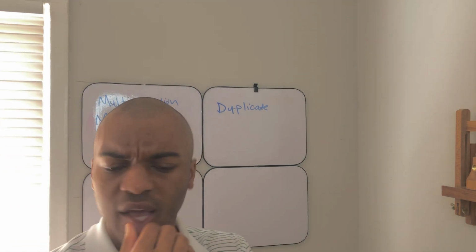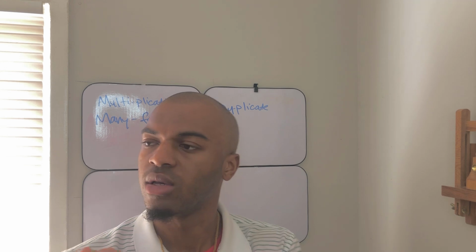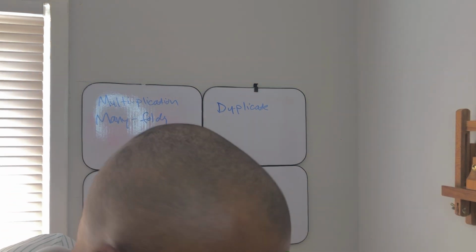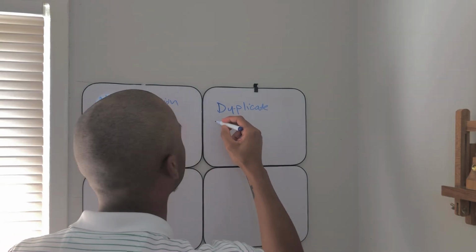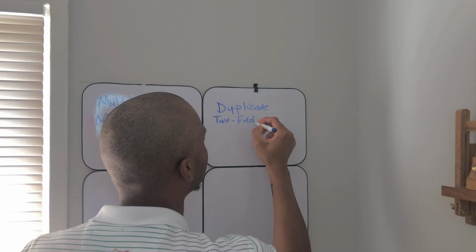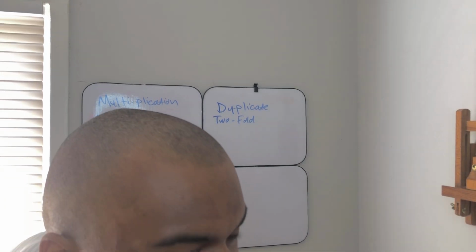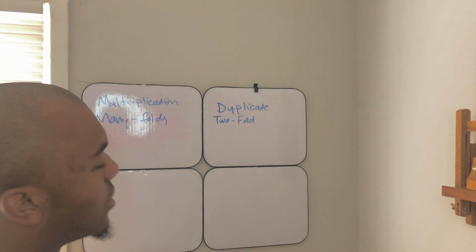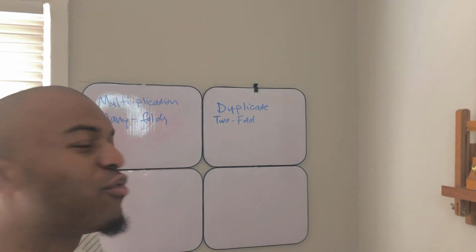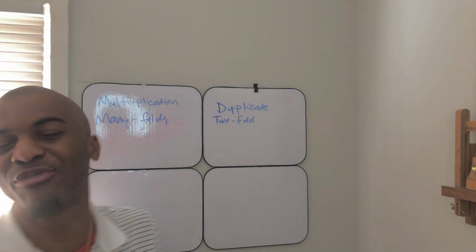So again, you might duplicate your house key, birth certificate, car key, other important stuff. But when you duplicate, this would mean what? Twofold. And what I don't like is this fold word. How are you gonna fold a car key? You see what I'm saying? How are you gonna fold a birth certificate?